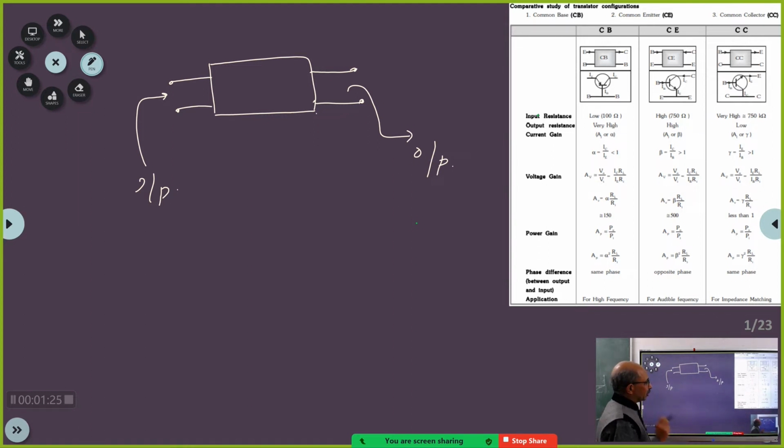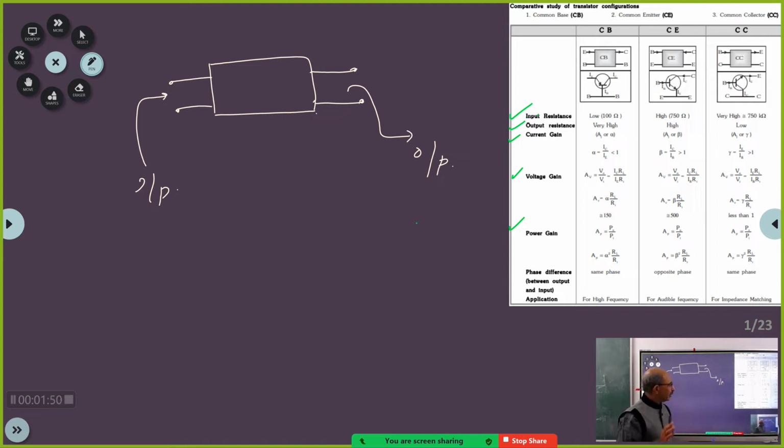The most important parameters will be input resistance, output resistance, current gain, voltage gain, and power gain.